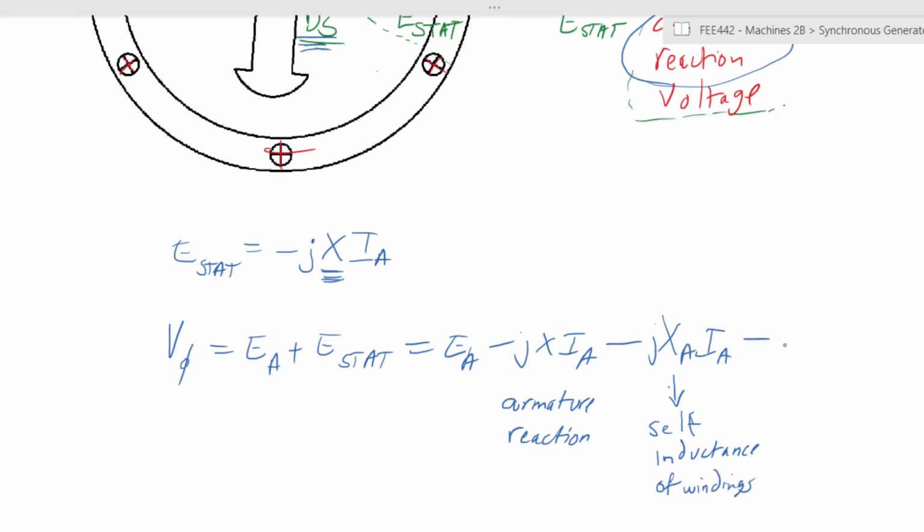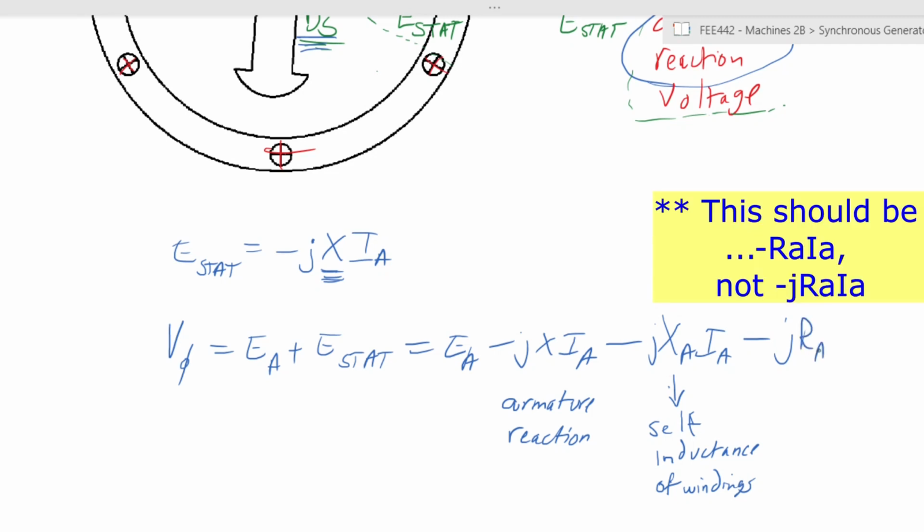And in addition to that, you will also have to subtract, not X, this is R, which is the resistance, RA times the current that you're flowing through the armature, which is the resistance of the windings.